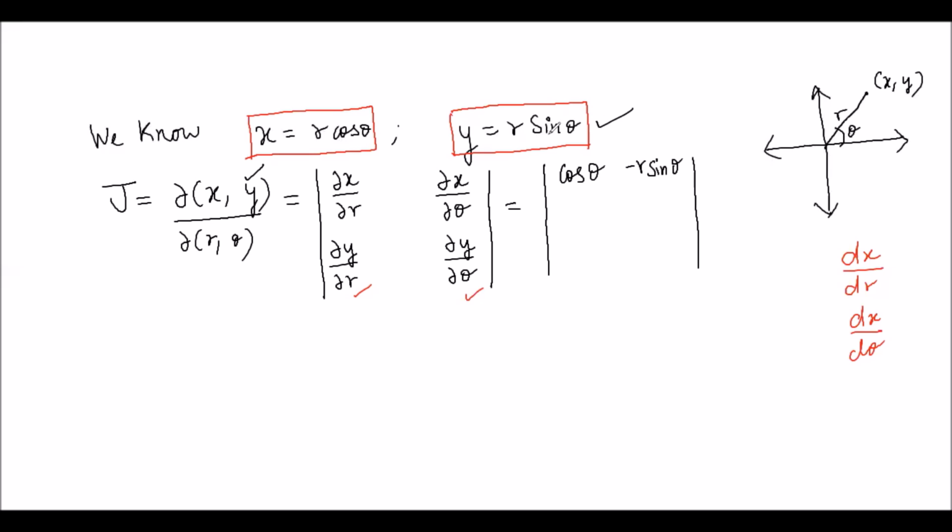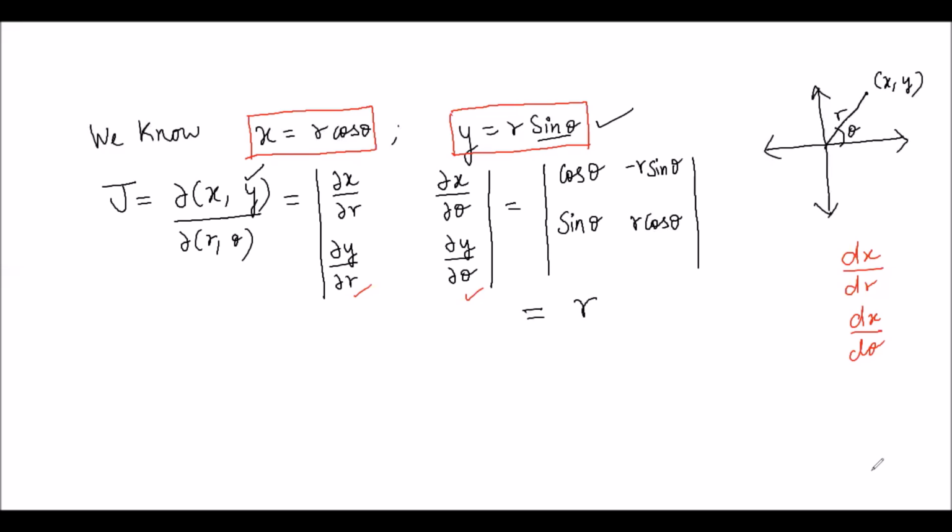Sine theta will be treated as constant, and we differentiate r, so it will be sine theta because the derivative of r with respect to r is 1. Del y by del theta: r will stay as it is, sine theta will be differentiated, and the result will be r cos theta. When you evaluate the determinant, it will simplify to r. We have used the trigonometric identity sine square theta plus cos square theta equals 1. So we have the Jacobian as r.